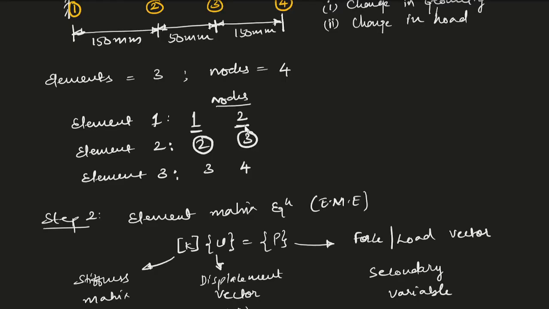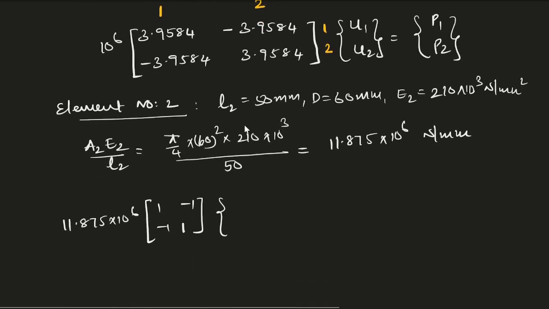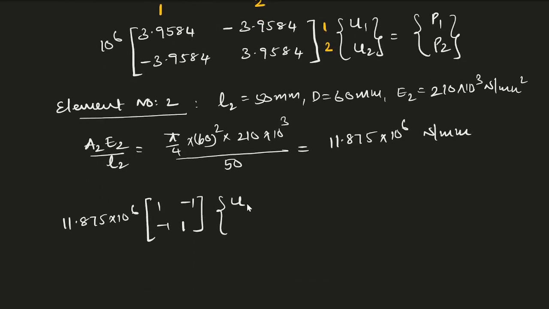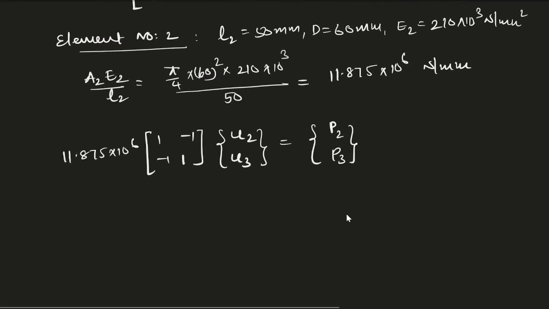So the numbering for U will be U2 and U3, and this equals P2 and P3. Here we'll have the suffix 2 and 3 because we are dealing with the second element.